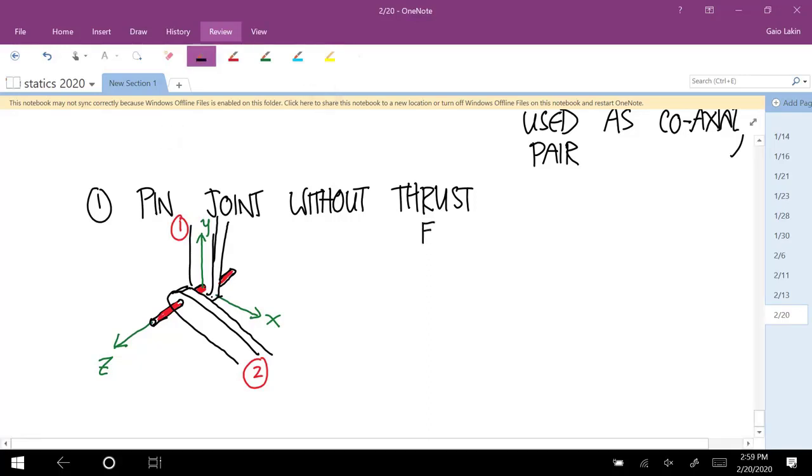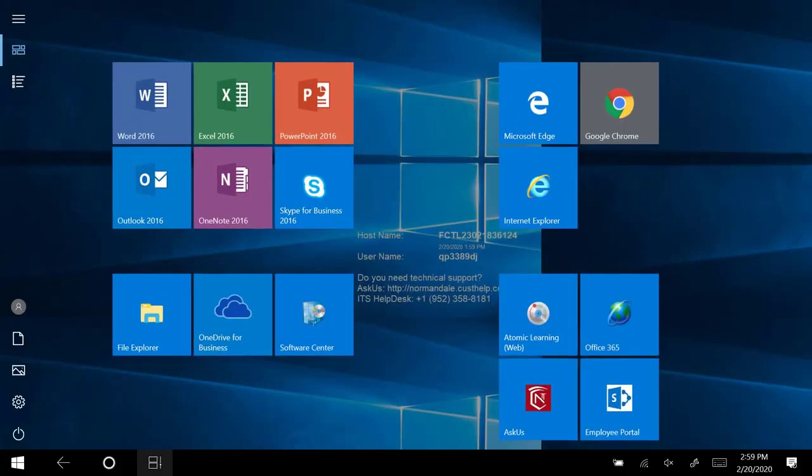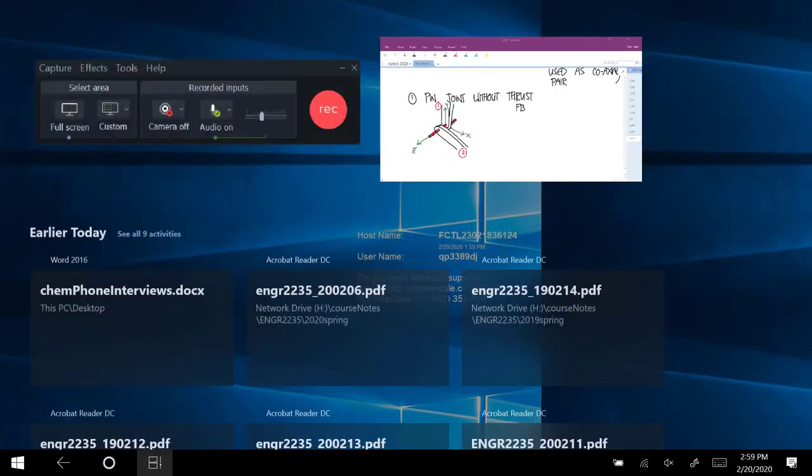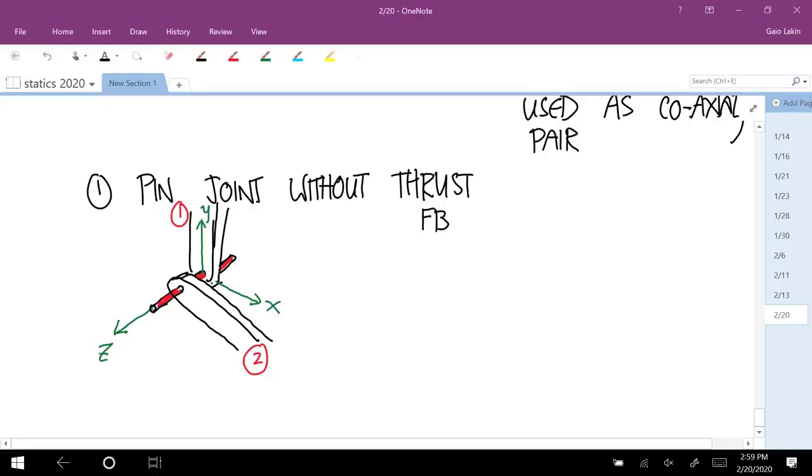So a free body diagram of member 1 has a force component in the direction of x. So I'll call that the fx component. Okay.